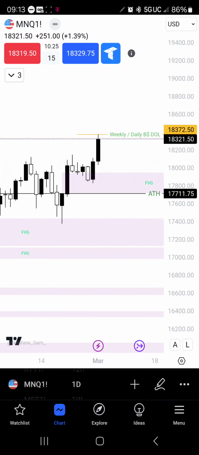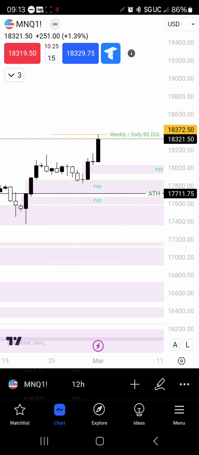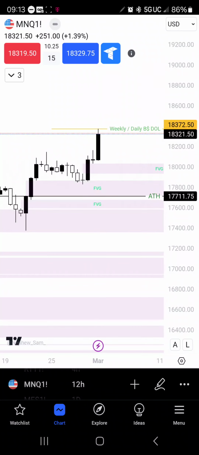Okay. Now, sometimes I will drop down to the 12-hour just to get a further draw. As well as I will play the market on both sides.